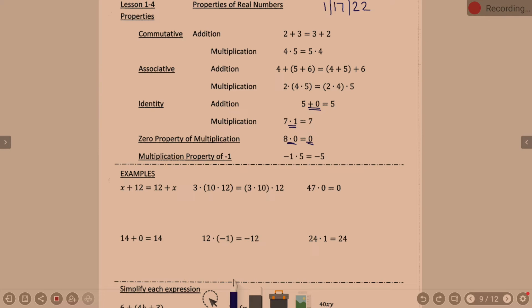Okay, so I don't remember exactly how the homework works. I forgot to look, but these examples right here, what property is this an example of? So like using these up here, x plus 12 equals 12 plus x. Which property is that an example of? That if it's x plus 12 here, I can flip it over here and it's 12 plus x.